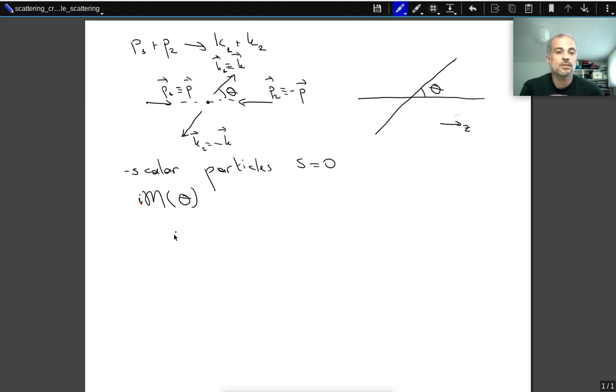So when we are calculating the sigma, let's write it out explicitly.